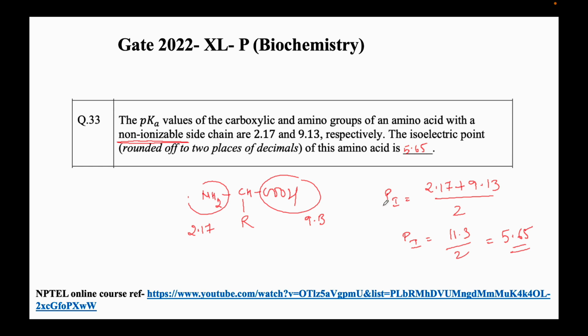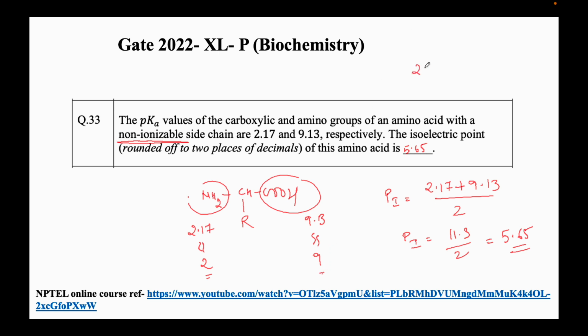So the correct answer is 5.65. So when I told you to assume the pK of amino to be approximately 2, and the pK of carboxyl to be approximately 9. Okay, sometimes in the question, they won't mention these pK values, right? Sometimes they will not mention these pK values, so you have to assume that it is 2 or 9.